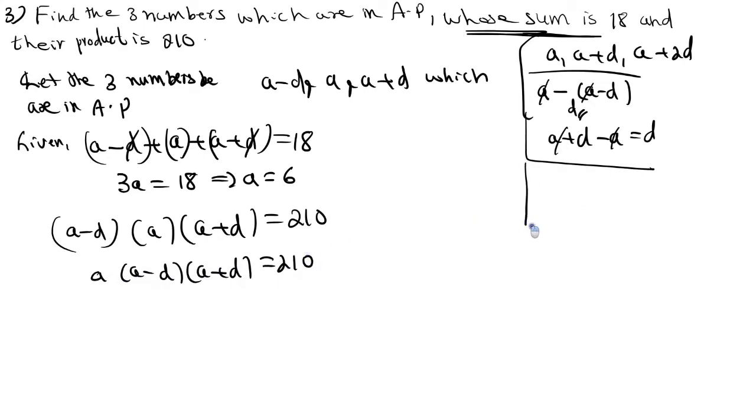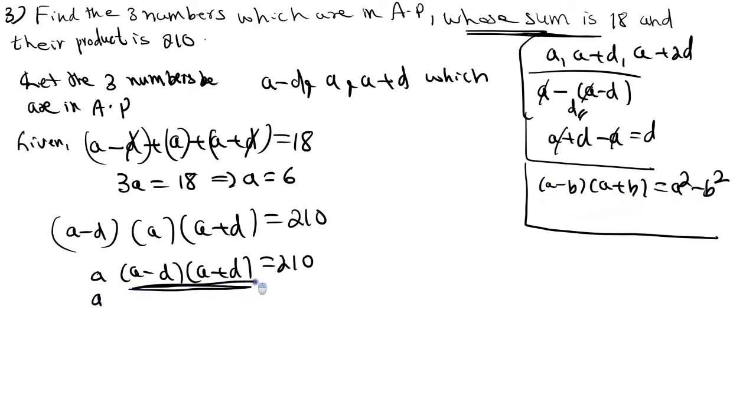Then we have the algebraic formula: (a minus b) into (a plus b) is equal to a square minus b square. Similarly, keeping a outside, what is the value of (a minus d) into (a plus d)? By this formula it is equal to a square minus d square. Its value is equal to 210.